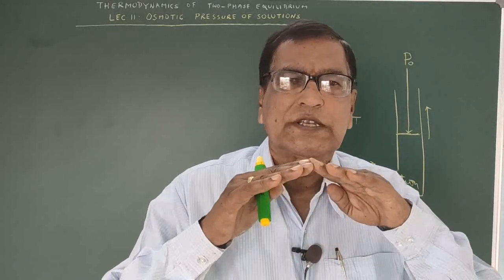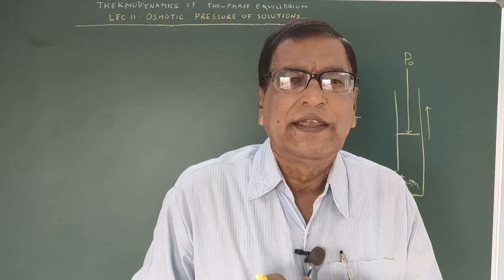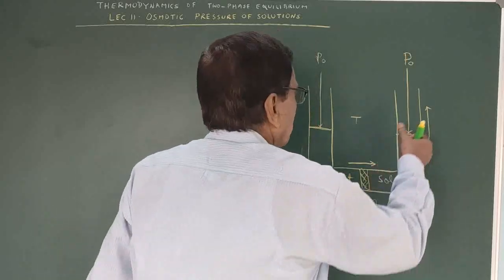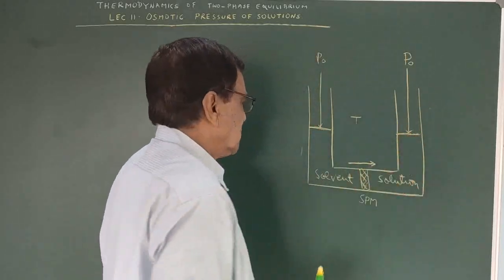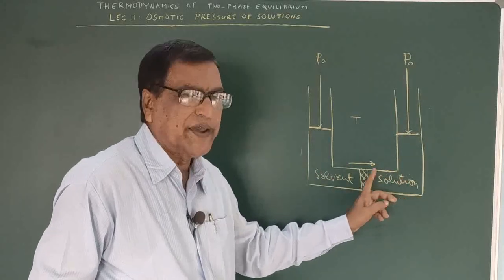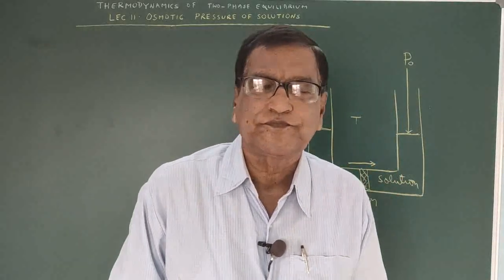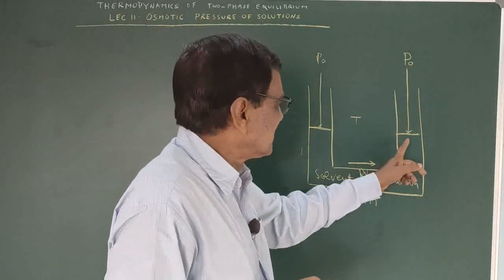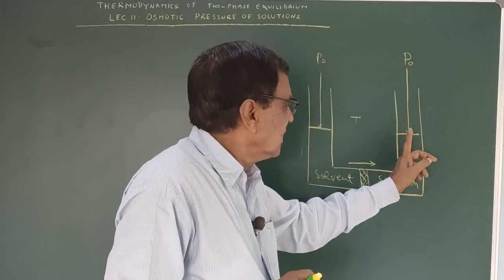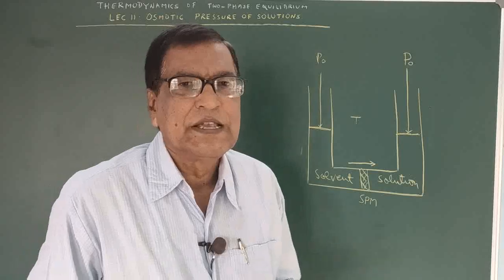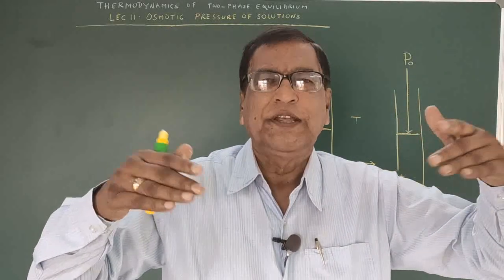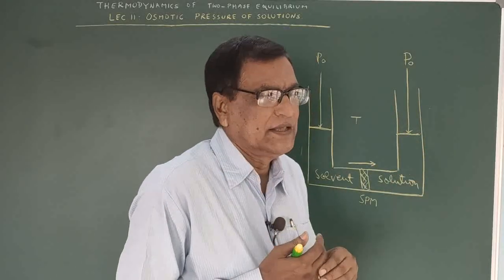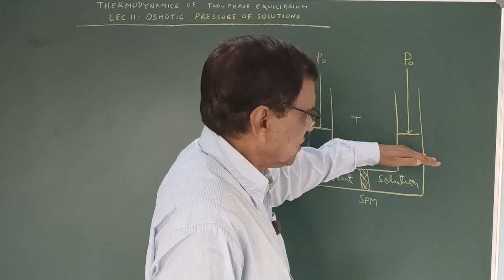But the osmotic pressure we can define in an alternative way. Suppose this is the original level of the solvent and solution on both sides of the semi-permeable membrane. Now if we add some excess pressure on the piston of the solution side, simply by putting weights on this piston, excess pressure is developed on the solution side.